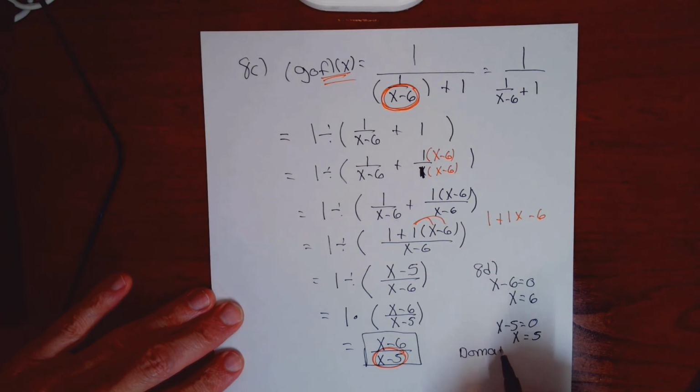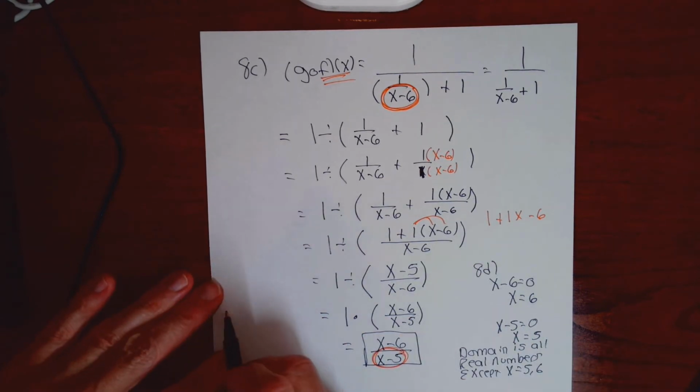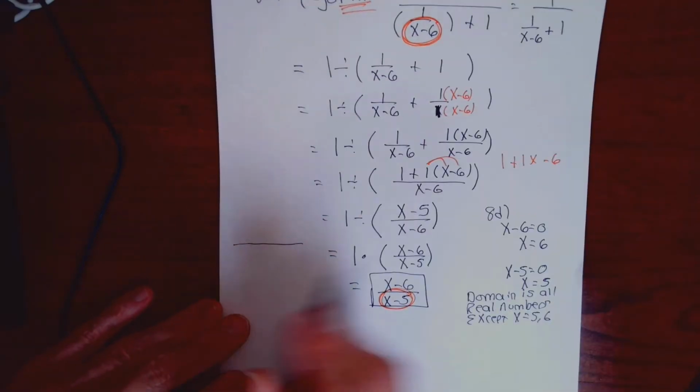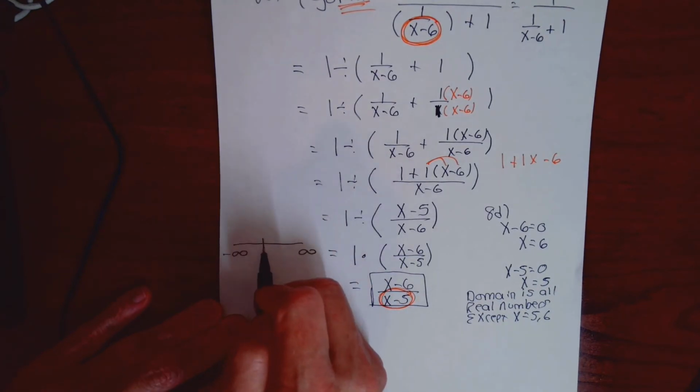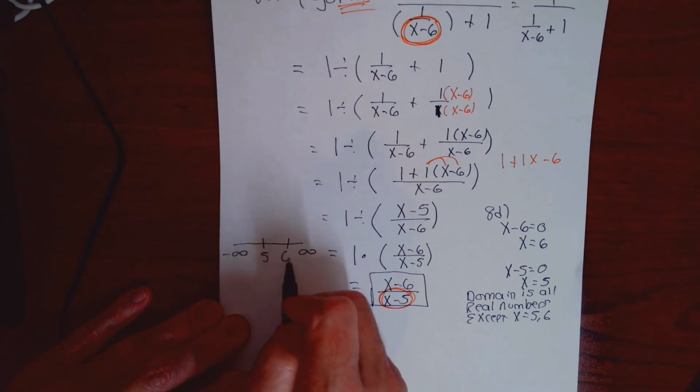I can do it as an interval, I'll show you in a second, but I typed up the domain in words just to get us used to something new. I wanted to show you this. If I wanted to create an interval, I'd make a number line that has negative infinity on the far left edge, positive infinity on the far right edge, 5 and 6 between.